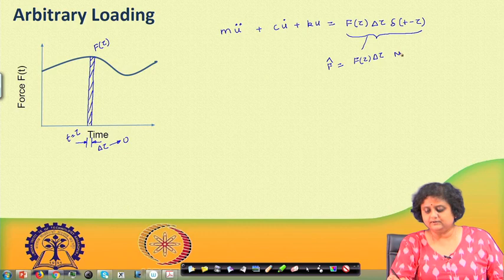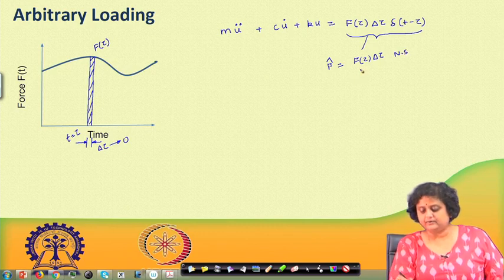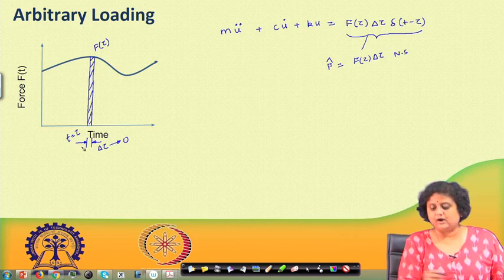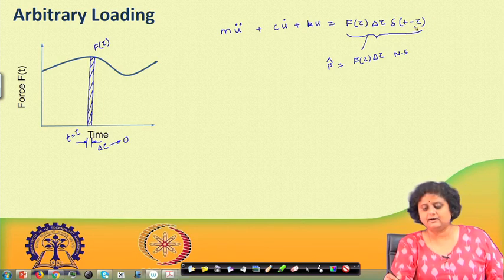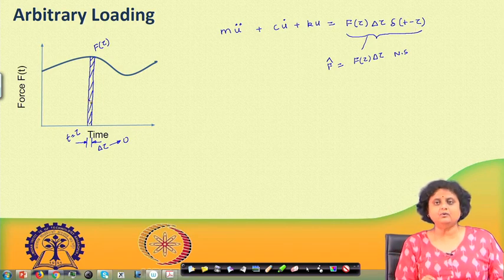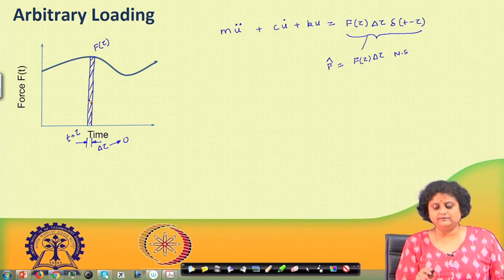The unit of this is Newton into second: f tau is Newton, del tau is second, and it is acting at t equals tau. So, I have a Dirac delta function representing this impulse load. Now, I know how to solve this system.